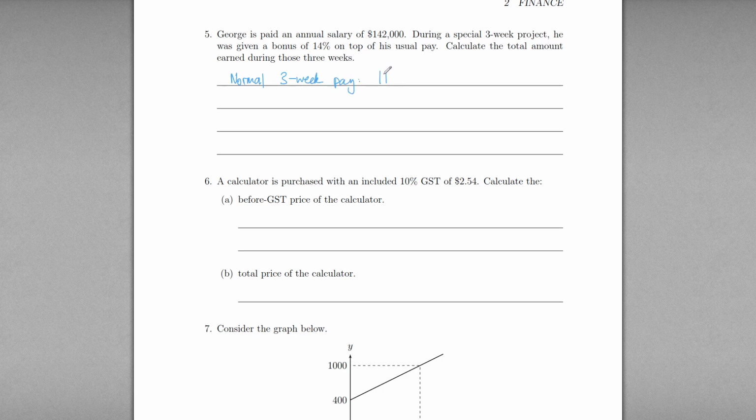Well, it's $142,000 for a whole year. Okay, so to get the weekly pay, we divide that by 52. That's how many weeks there are in a year. Okay, about 52. Then to make it 3 weeks, we better multiply that by 3. So 142,000 divided by 52 times by 3, I'm getting 8192.31ish.